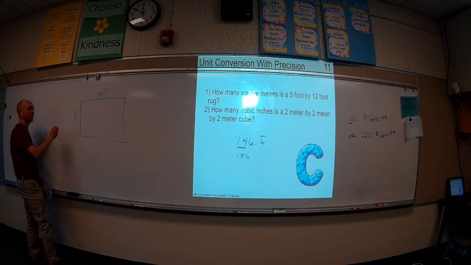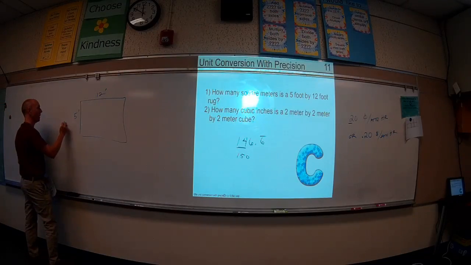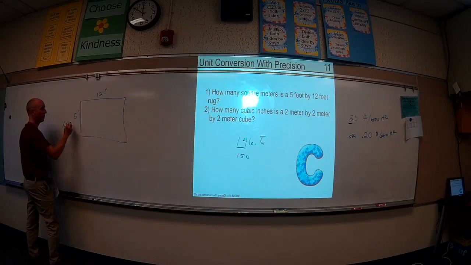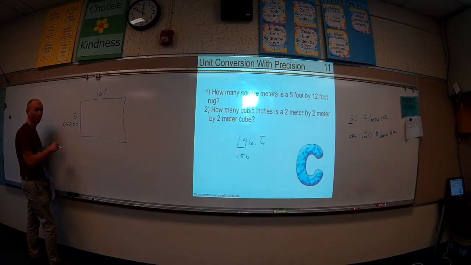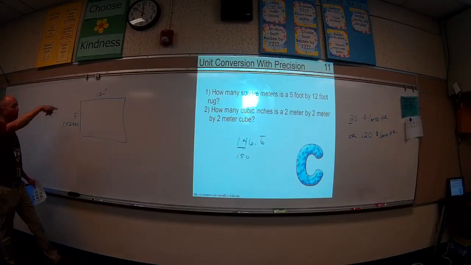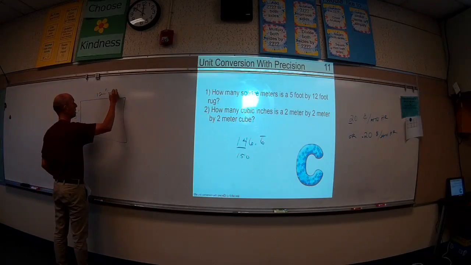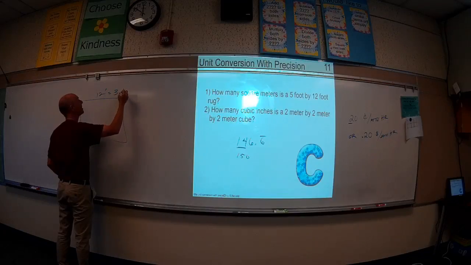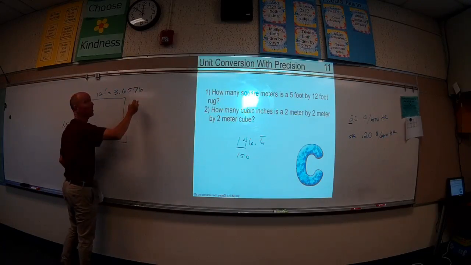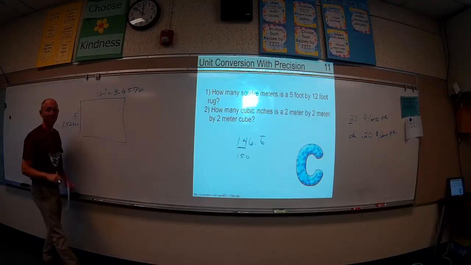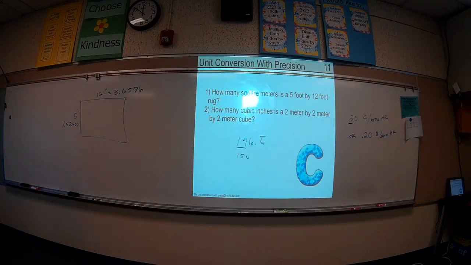What did it say, Chris? 1.52400. Beautiful. Aiden, 12 feet. It's 3.6576. Thank you for doing it loudly and slowly. Do not round yet. Do not round until the final answer.